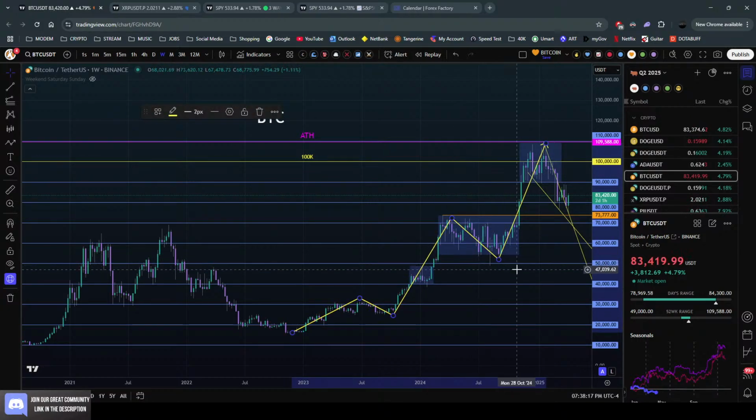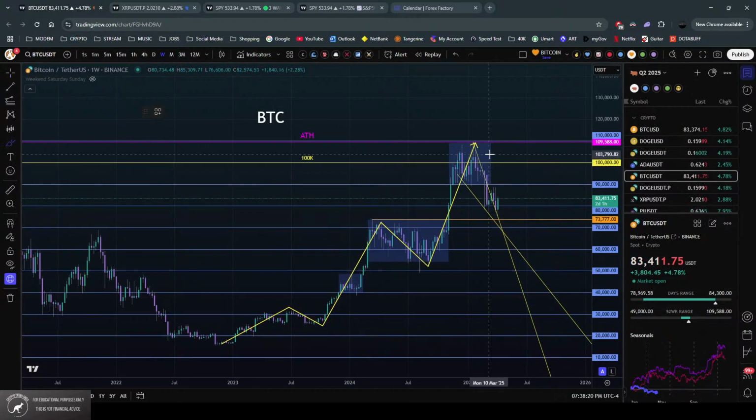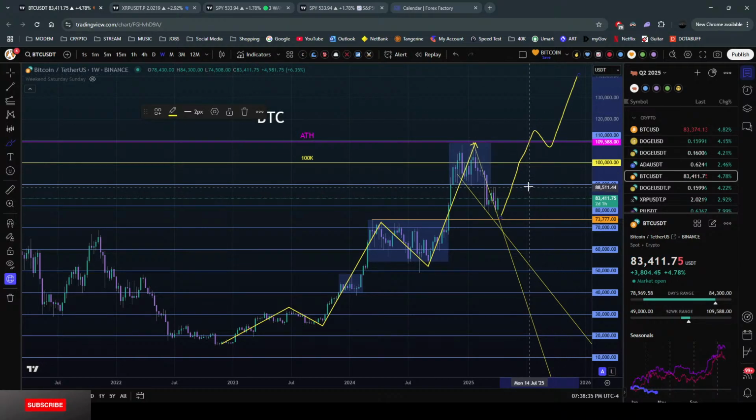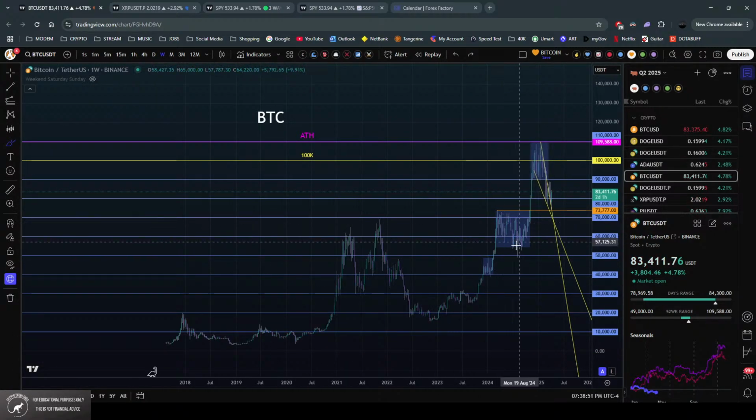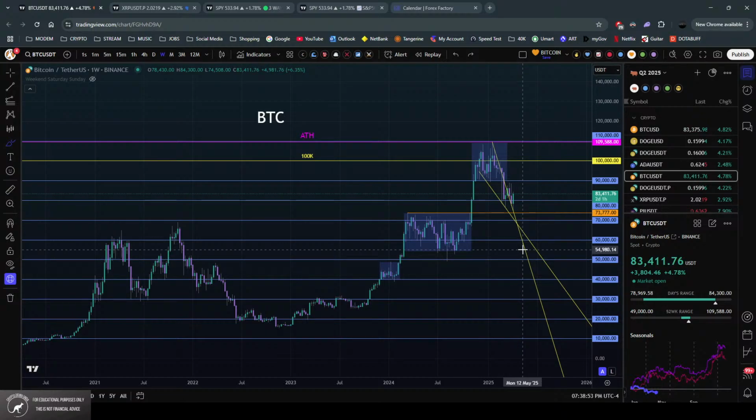But I don't think it means that you can't go 1, 2, 3, 4, 5, and then start a brand new run, a new 1, 2, 3, 4, 5. Anyway, that's the thing with Elliott wave. It's so subjective, and I'm sure you can come up with a bullish scenario just as much as you can come up with a bearish one for the charts. So yeah, that's how I'm seeing it.